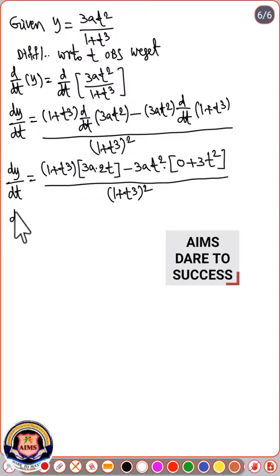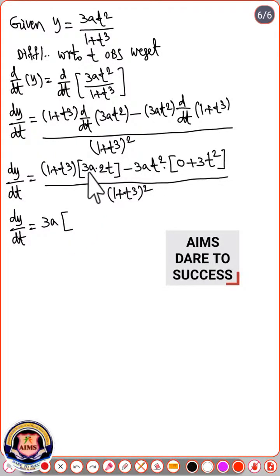So dy by dt is equal to, try to simplify, taking 3a common from previous.